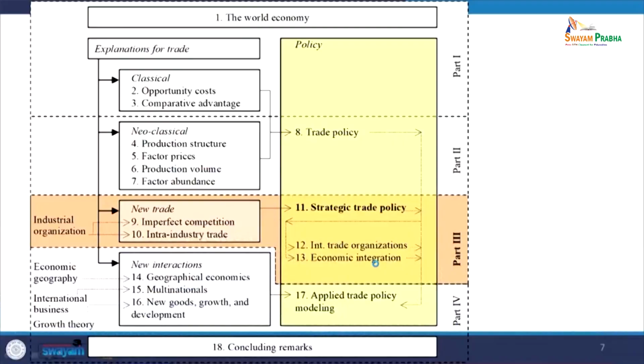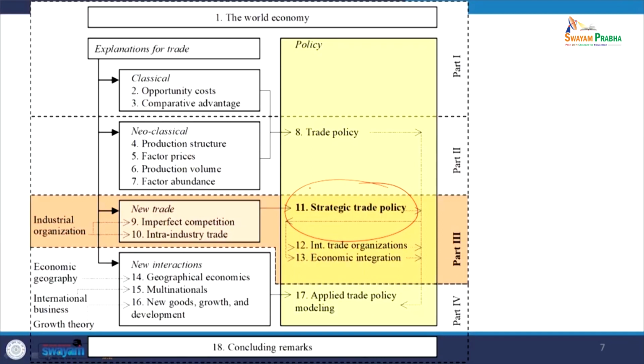Now, this is the structure of our whole content. I have already discussed in the previous lecture that strategic trade policy is very important, which is derived from imperfect competition in trade and intra-industry trade.